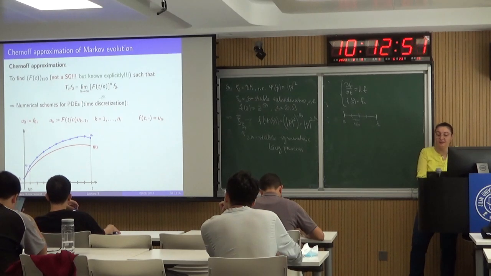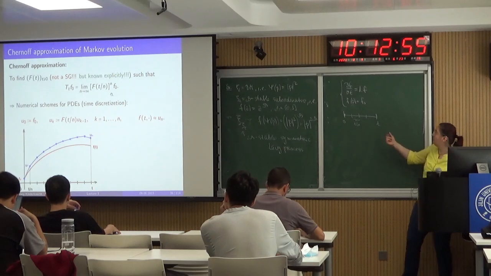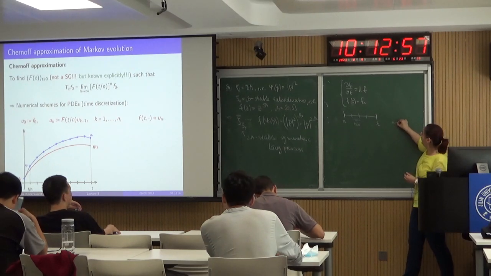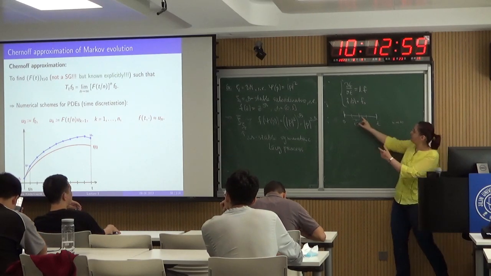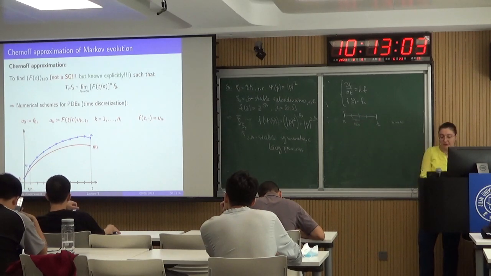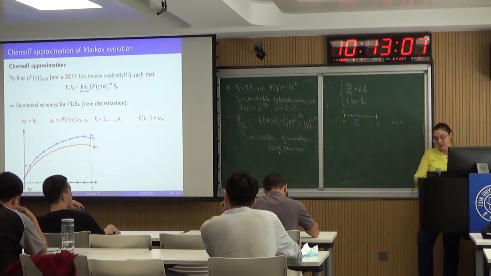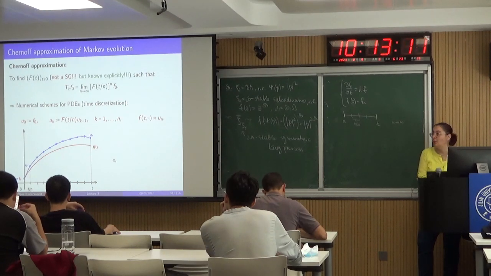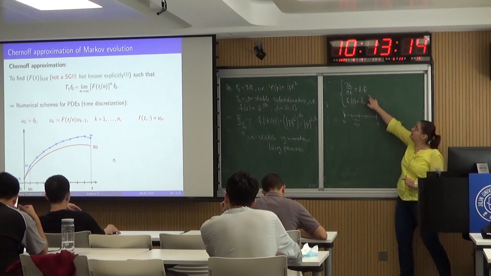So this identity guarantees us that if n tends to infinity, that is, the partition is getting finer and finer, smaller and smaller, then this approximation tends to the true solution. So this is actually nothing else but the Euler scheme for this ODE.